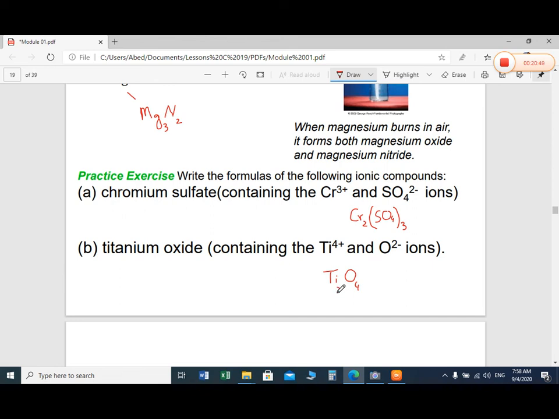Sometimes they ask you to convert into the empirical formula, so we have to convert this because it's divisible. These 2 and 4 are divisible by 2, so the final answer will be titanium dioxide.